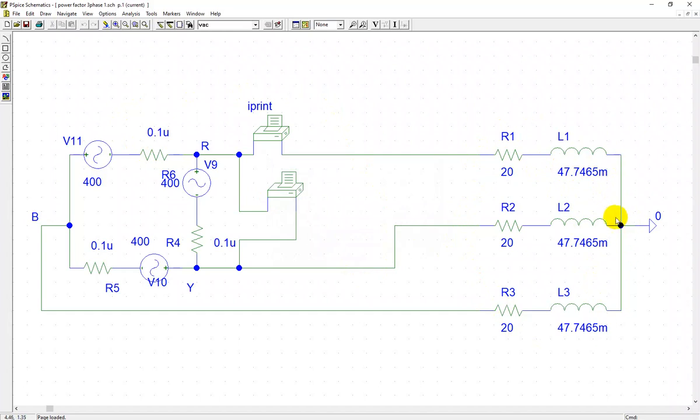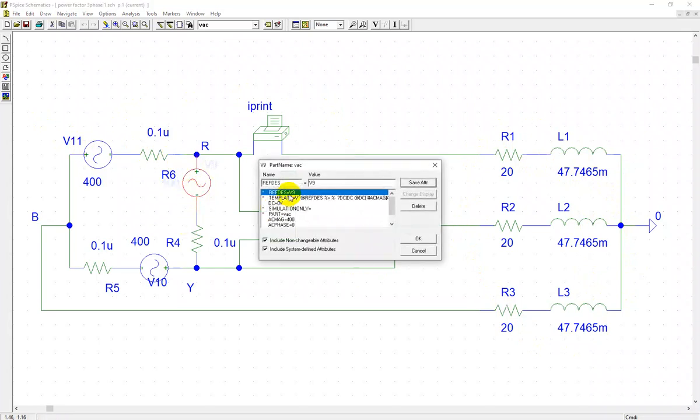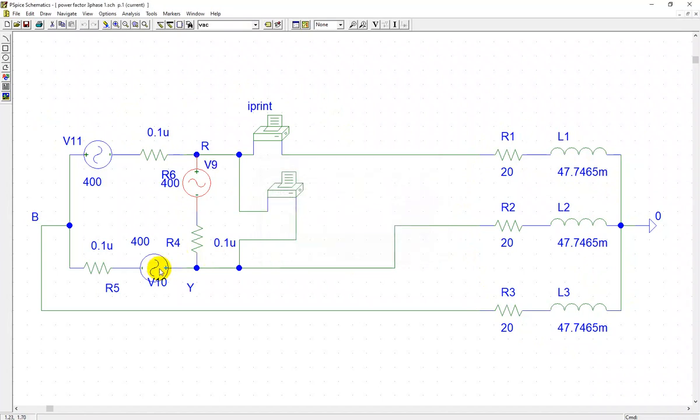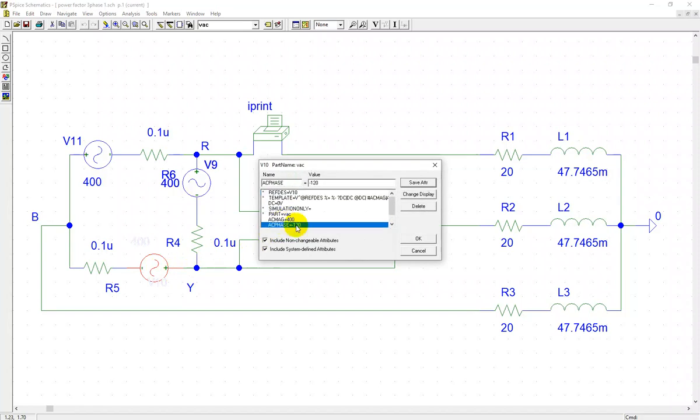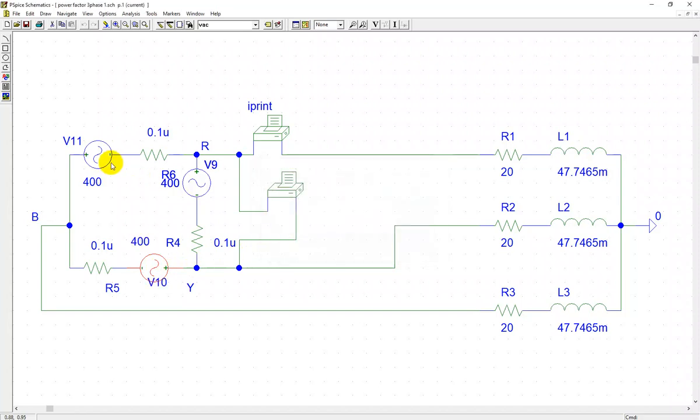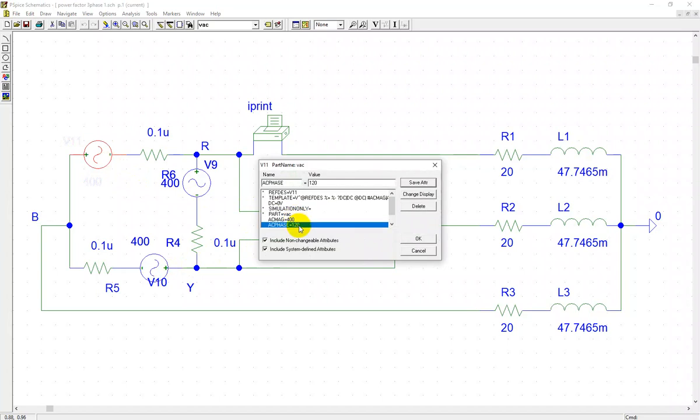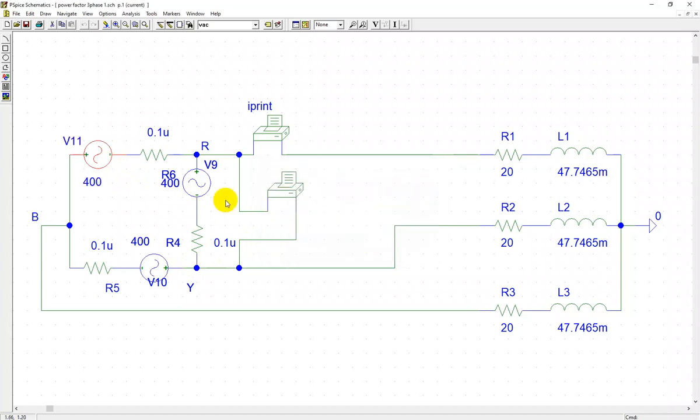You can see all the ends are connected to ground, and this is the supply. Again, this is VAC as shown earlier, VAC. As we know, per phase angle differs by 120 degree. So this is magnitude of 400, phase angle of 0. This is again magnitude of 400 but angle of minus 120. This is again magnitude being 400 but angle being plus 120. Thus this is the 3 phase.